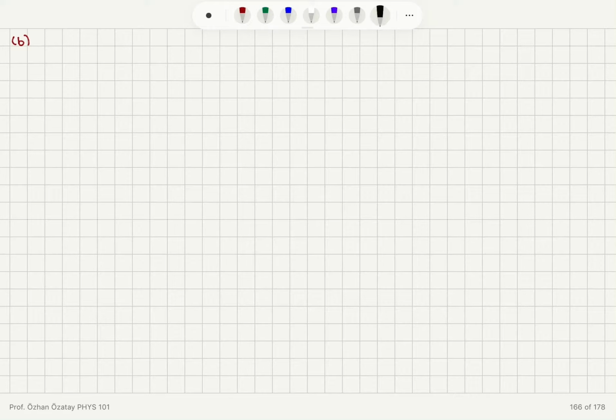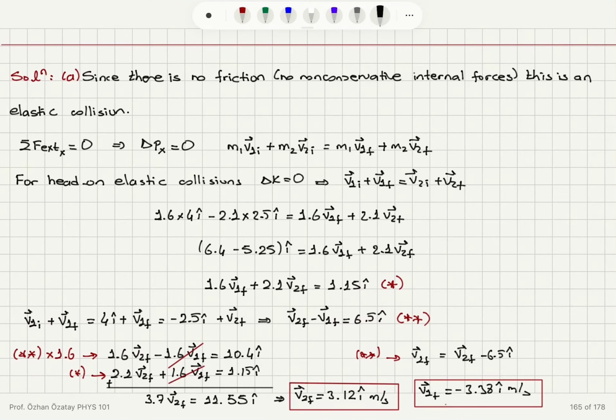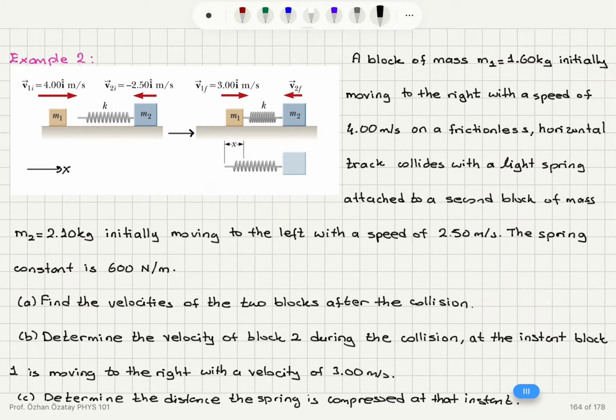Now we have V1 initial 4 i hat meters per second, and V1 prime is the intermediate velocity during the collision. It's going to have an instantaneous value 3 i hat meters per second, and V2 initial is minus 2.5 i hat meters per second. Now what will happen during the collision process?